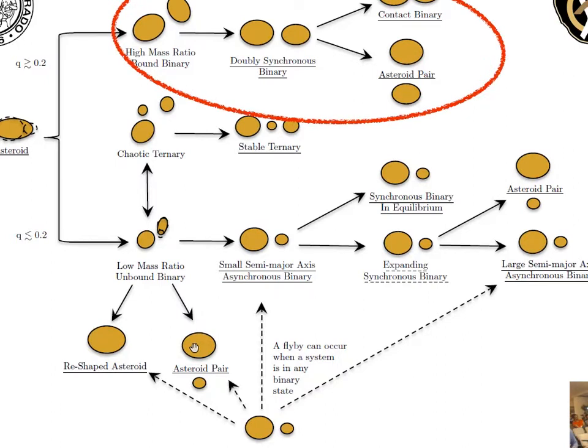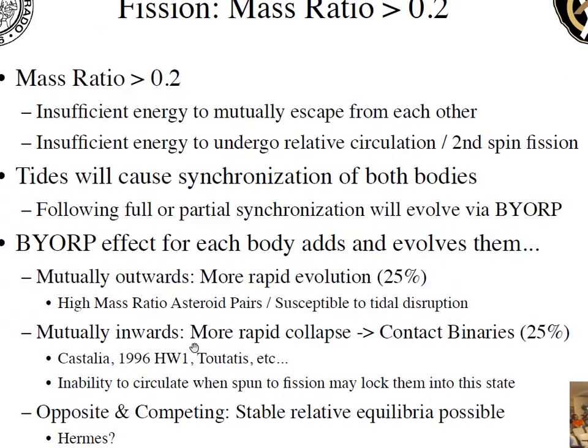Let's first consider the easier case, where the mass ratio is more equal, greater than 0.2. In this case, we noted that the free energy was negative, and we got that from our plot. So there's insufficient energy for these bodies to mutually escape from each other.